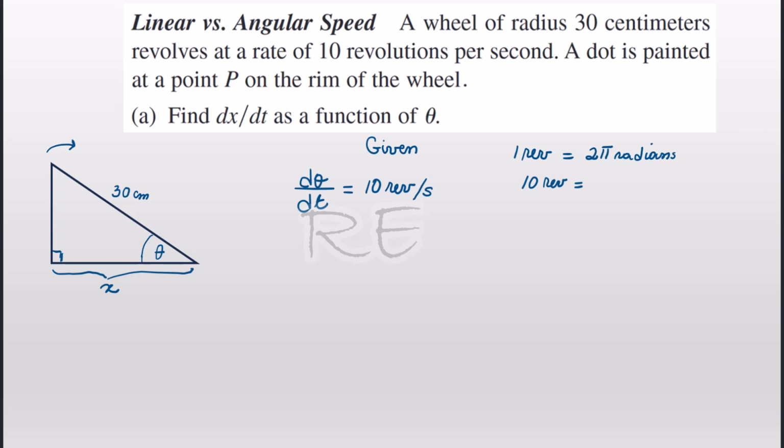So 10 revolutions will be 20 pi radians. We're just going to write it as 20 pi. The rate of change of the angle theta can be written as 20 pi per second.